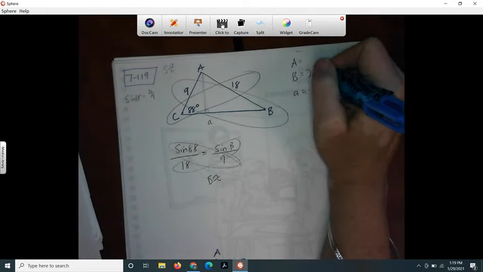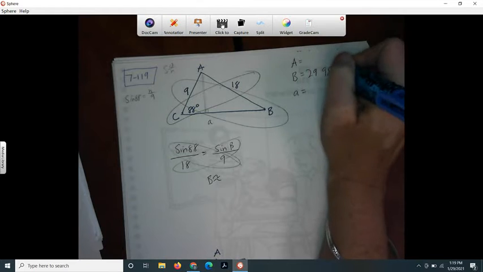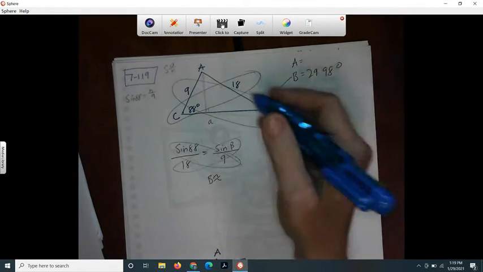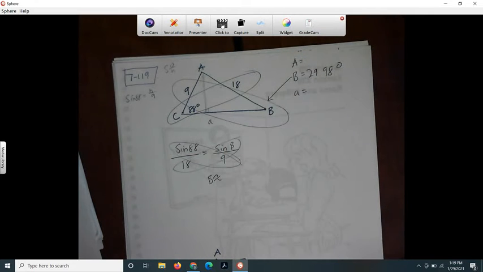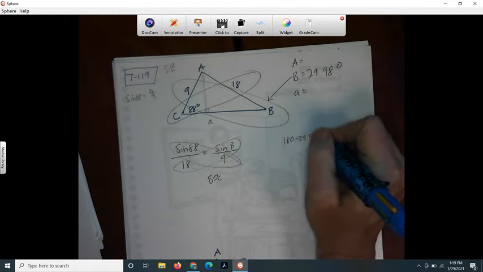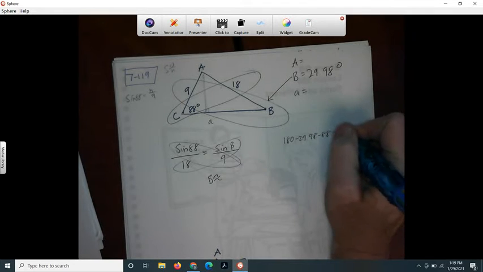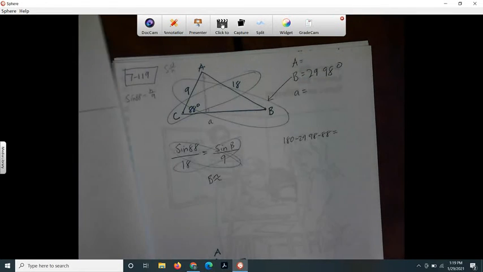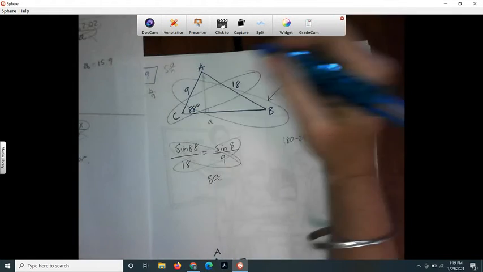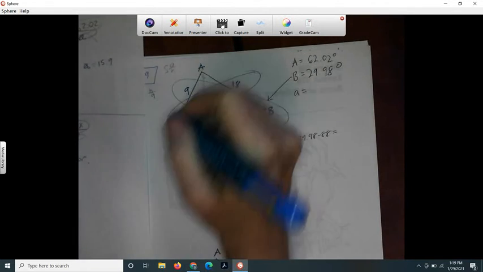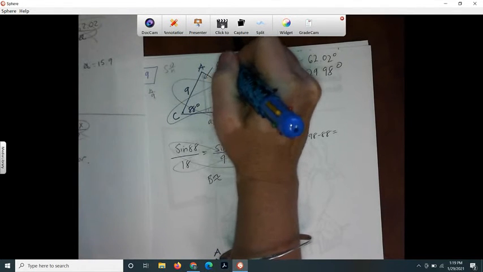So B is 29.98 degrees. Then I can find A by going 180 minus 29.98 minus 88, and that gives me letter A. I got A was 62.02 degrees. That's big A.